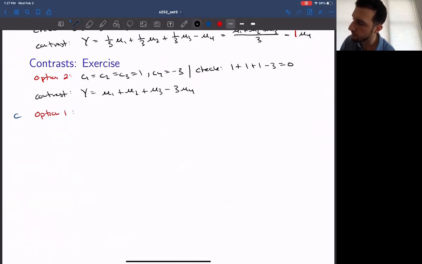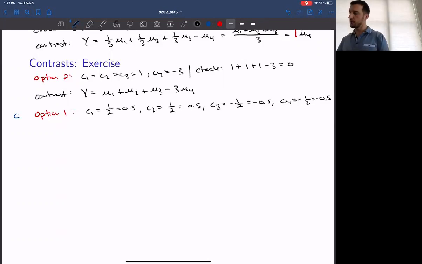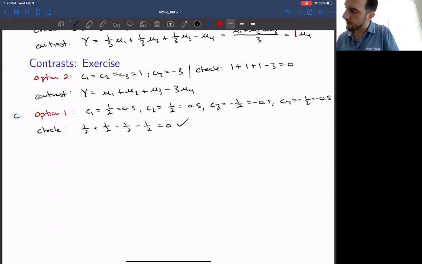So one option would be C1 equals a half, which is 0.5. C2 equals a half, which is 0.5. C3 equals negative a half, which is negative 0.5. C4 equals negative a half, which is negative 0.5. Okay, and then we can check it. So we would have 1 over 2 plus 1 over 2 minus 1 over 2 minus 1 over 2 is 0. So that's fine.